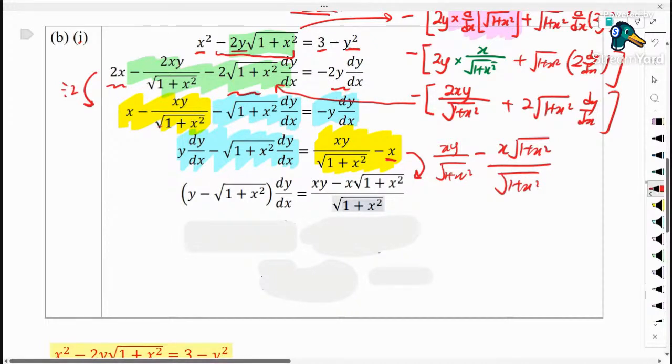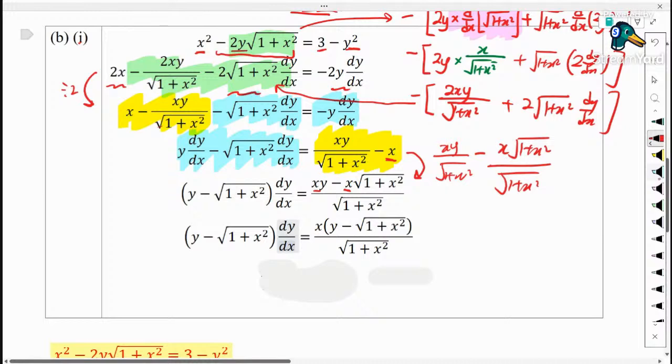I reach up to here, I find out that I have a common factor of x. I can factorize. So therefore, the next line happens that I factorize the x. Reach up to here, if you realize, the left-hand side and the right-hand side, both have this term here.